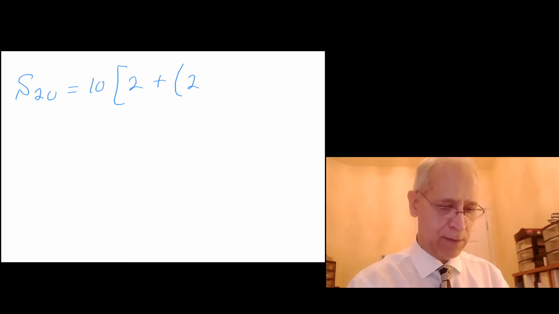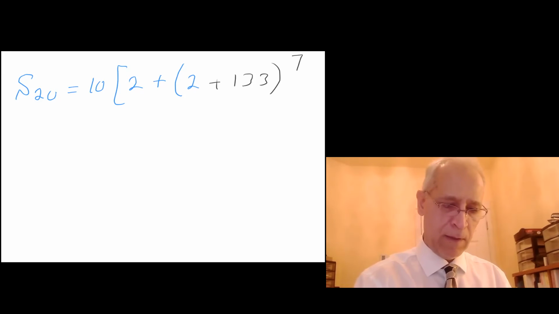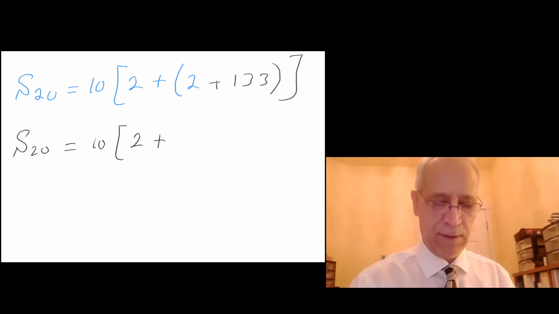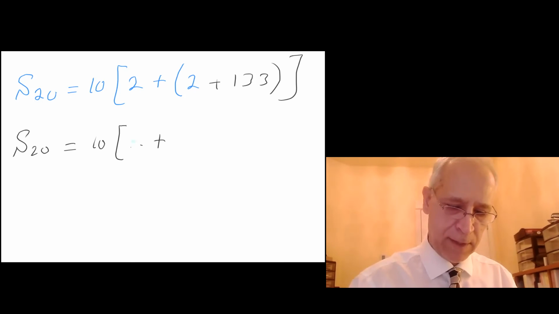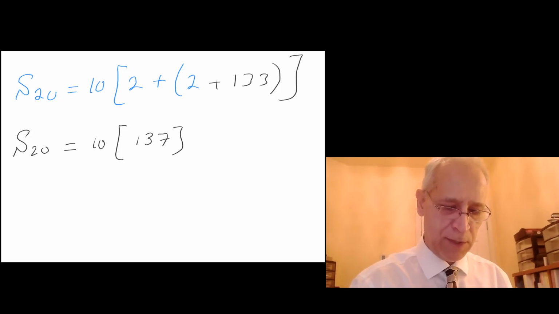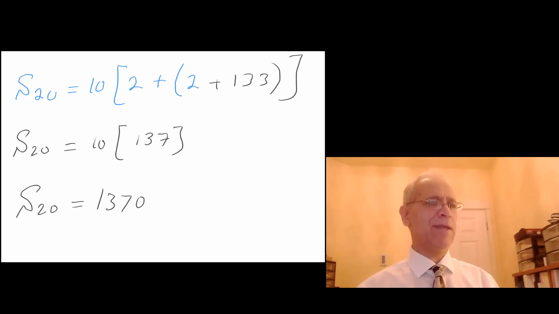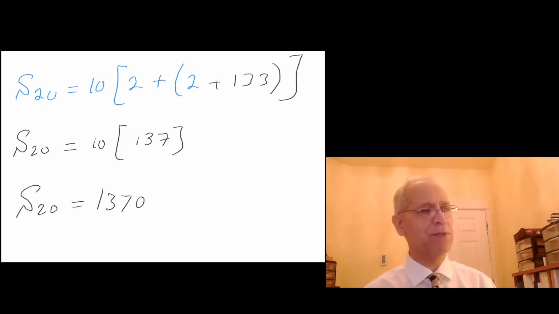So 2 plus 133 is 135, no, 137. So 137 times 10, S sub 20 equals 1370.